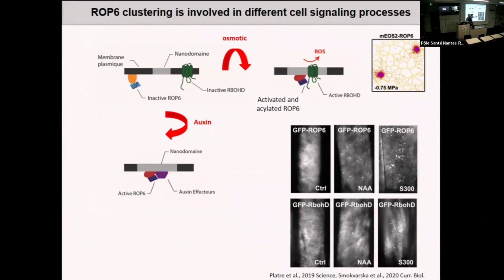If you do an auxin treatment, you see the dotted structures, as you see dotted structures in sorbitol. But if you take the NADPH oxidase, treat it with sorbitol, and then treat it with auxin, you don't see any cluster. So what we believe now is that, depending on the upstream signals, the effector protein that co-clusters with the GTPase changes.